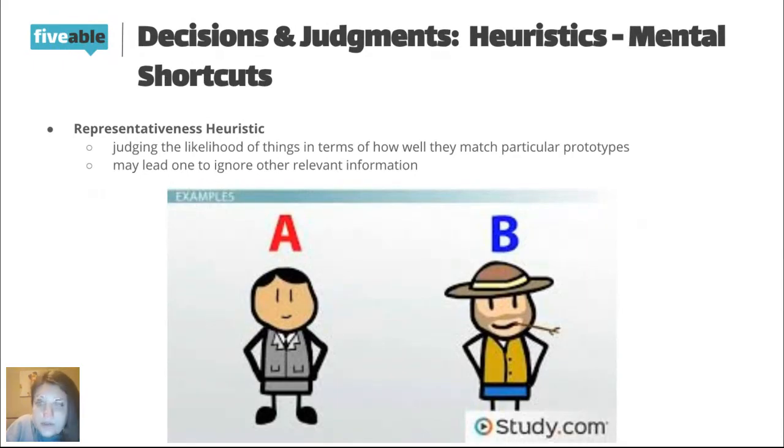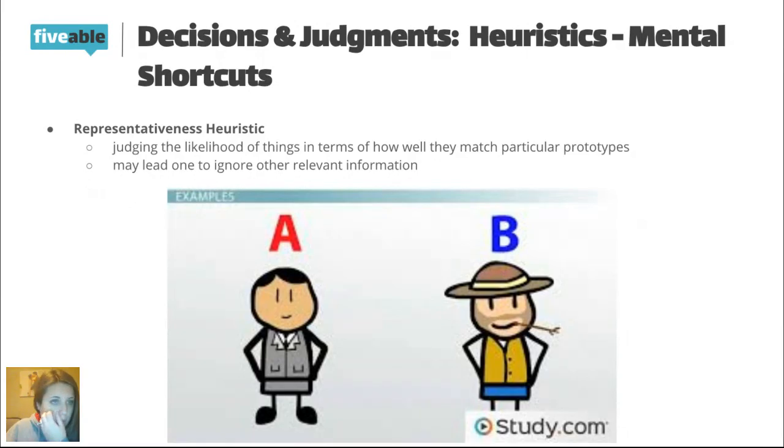The representativeness heuristic is basically judging how likely things are in terms of how they match our prototypes. So let's think of your prototype for a professor. My prototype of a professor is someone who wears a tweed jacket. Maybe they smoke a pipe. Maybe they're an older male. That's just my prototype of professor.